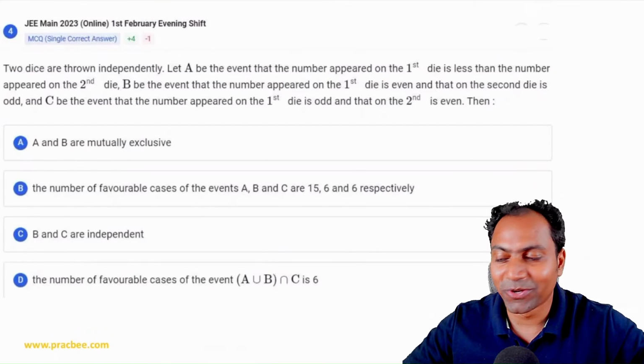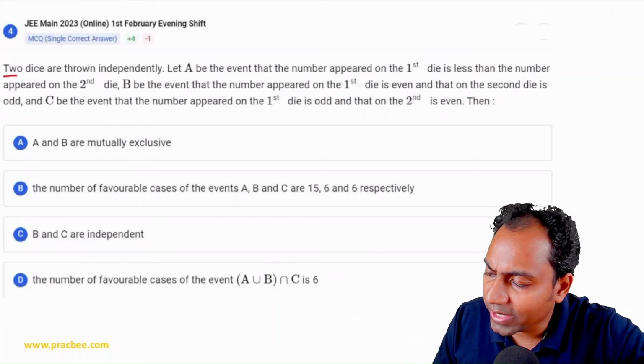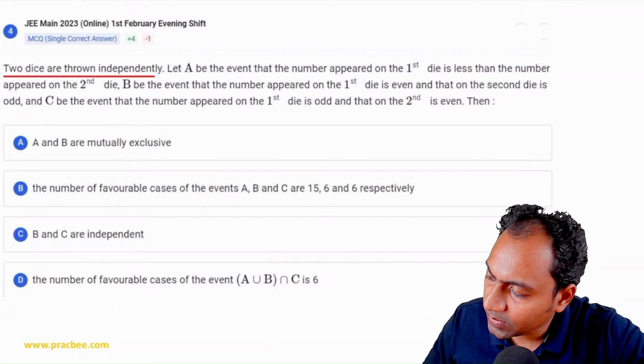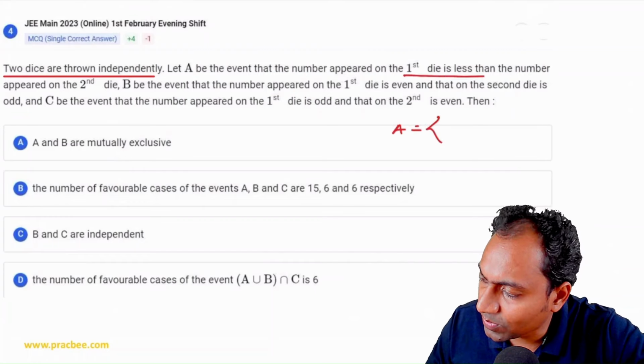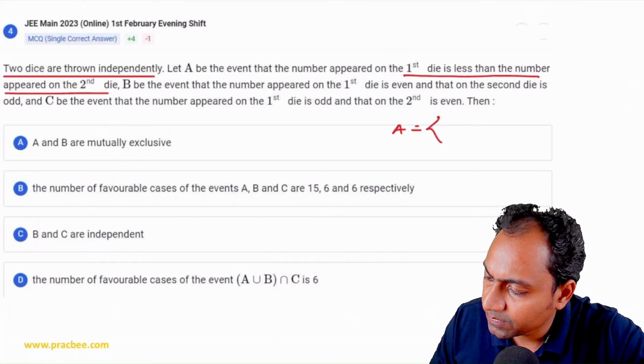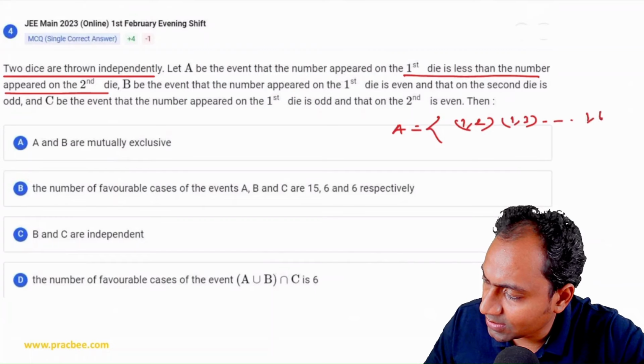Now if I look into this 2023 question, it is a very simple question. It talks about two dice being thrown independently, with an event A. Event A says the number on the first die should be less than the number on the second die. So if I take 1 on the first one, the second can be 2, then 1, 3, and like this we can go up till 1, 6.